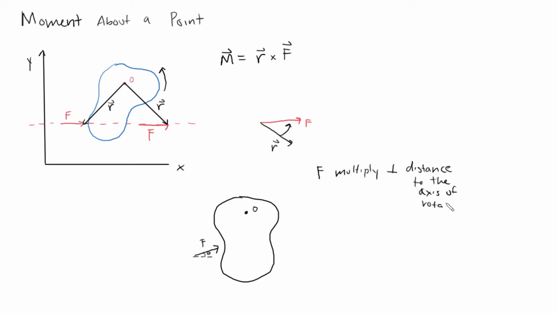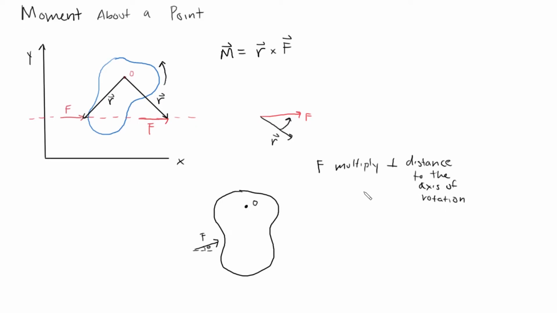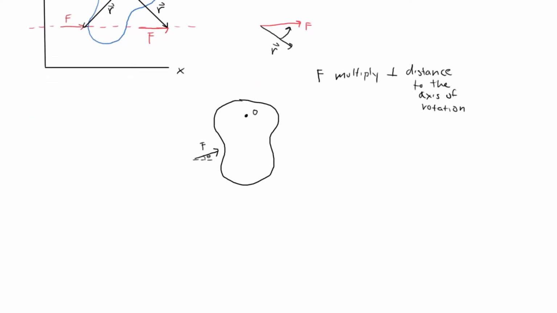So let me explain that visually. What we have here is basically two components of F. So we could break F into two components, so this is going to be Fy, and this is going to be Fx. So to find the moment for Fx, what we do is extend this line, the line of action, and then find the perpendicular distance from that line of action to the point of rotation.